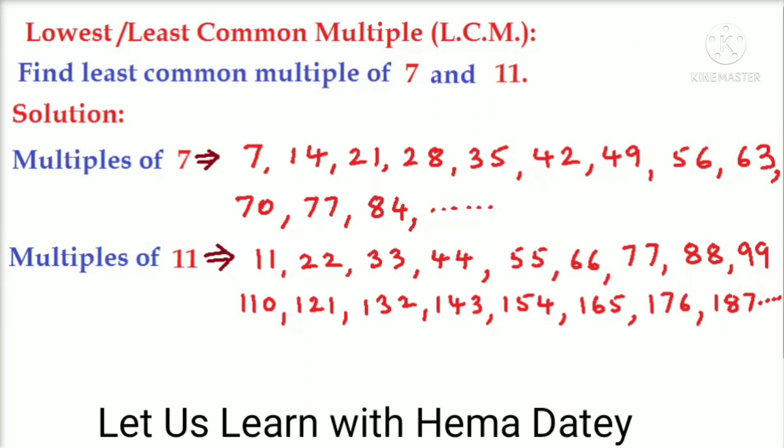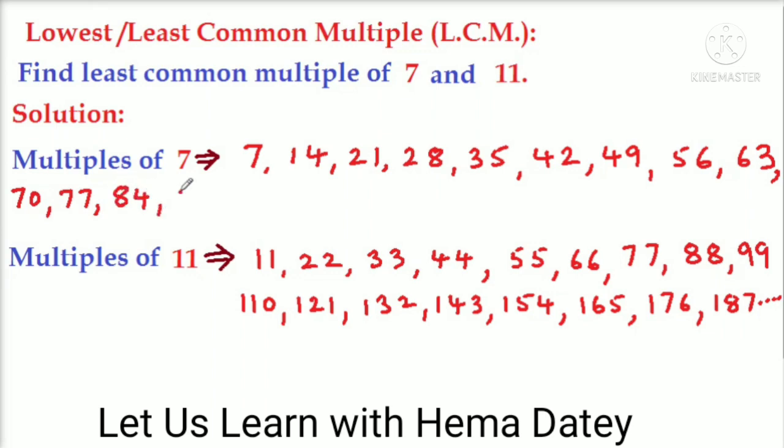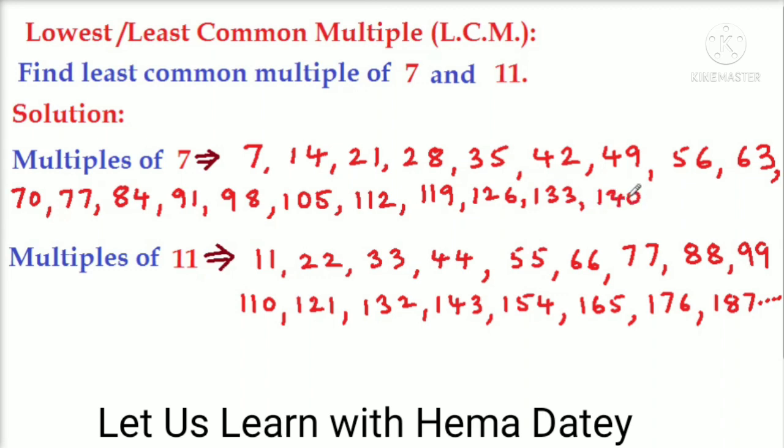Let's write more multiples of 7. After 63, it is 70, 77, 84, 91, 98, 105, 112, 119, 126, 133, 140, 147, 154, 161, and so on.